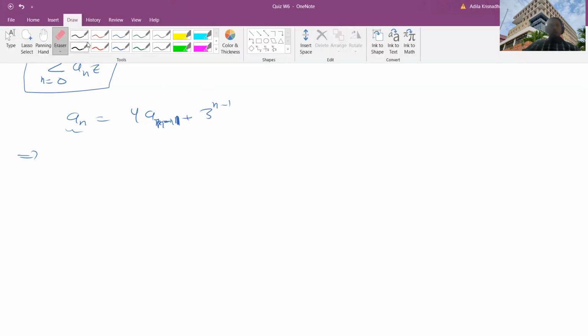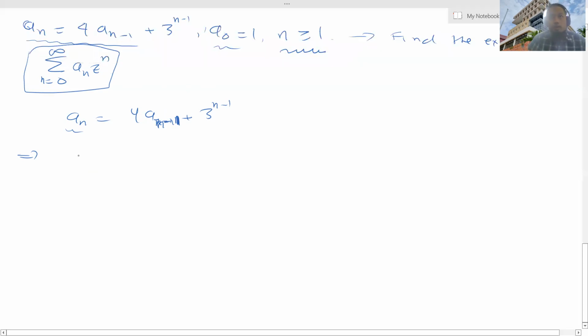So actually, the correct answer is, I use the thicker pen, the sum of a_n z to the power of n. Now the right hand side holds only when n is greater than or equal to 1, so we need to use that as a limit.